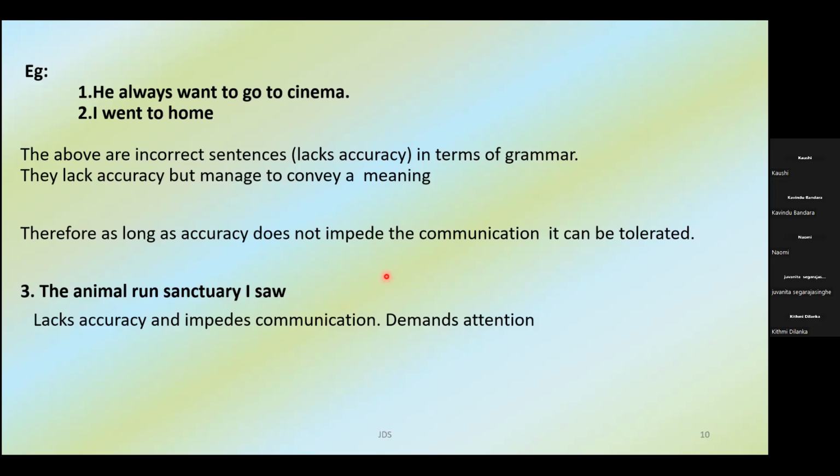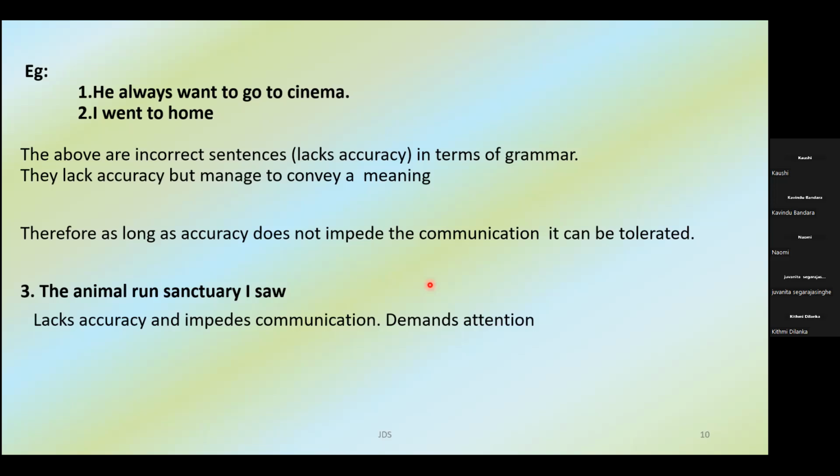Right, so that is all about accuracy, fluency. And always remember, when it comes to teaching speaking skill, fluency is considered, and you can accommodate minor errors, not major errors, minor errors that do not distort the meaning.